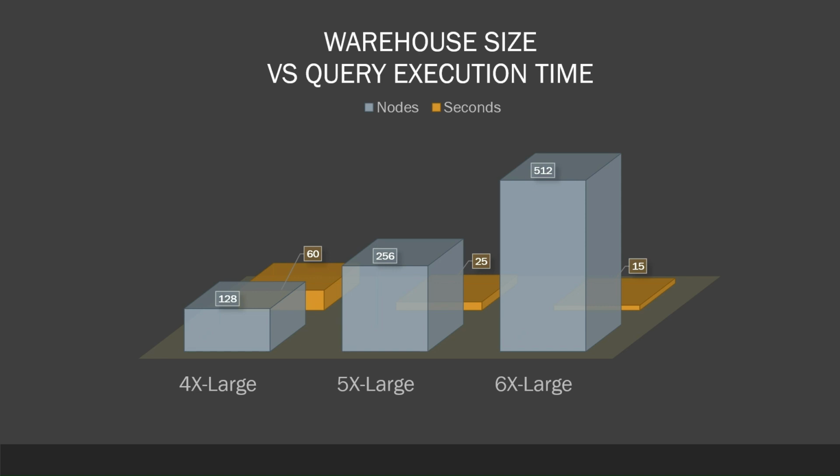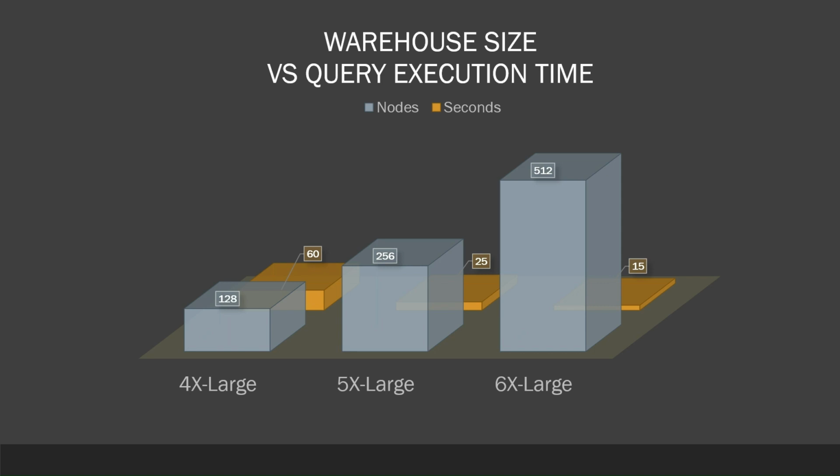So we started with a 4x large warehouse with 128 nodes. We continued with a 5x large with double the nodes, and we ended up with a 6x large with, once again, double the nodes compared to the previous one. We have this in the first row here. In the second row, definitely we have the execution time of the query, and as expected, this will go down.